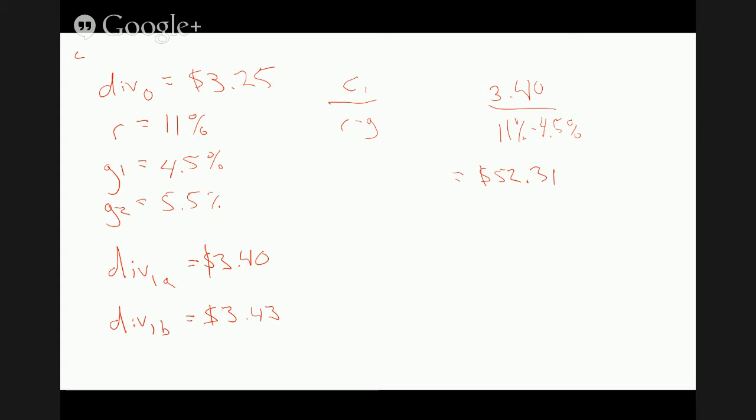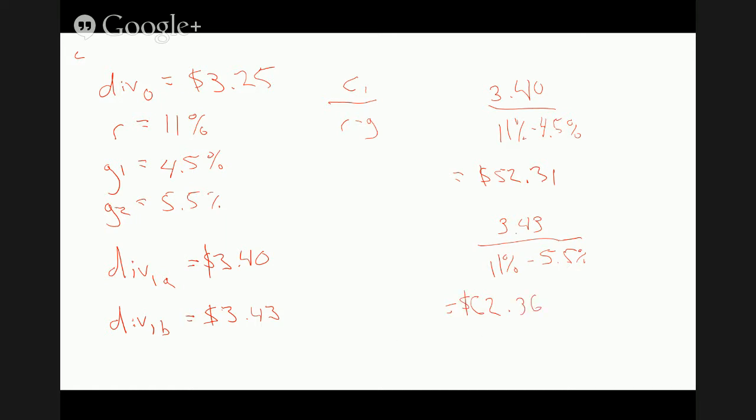And then in our second scenario, we have $3.43 divided by 11% minus 5.5%. And this comes out to $62.36.